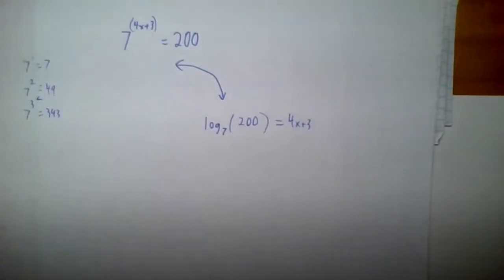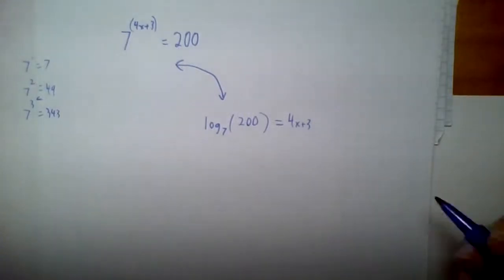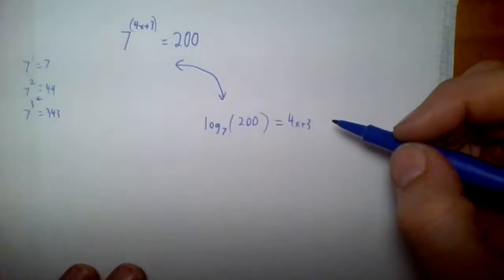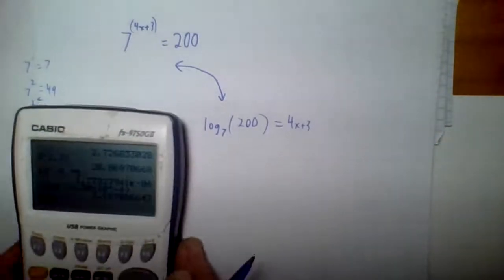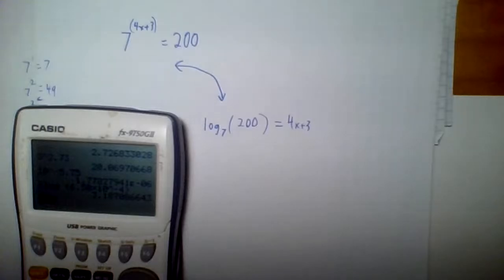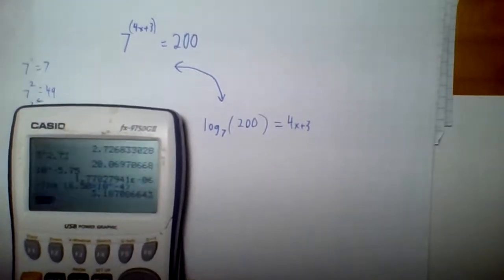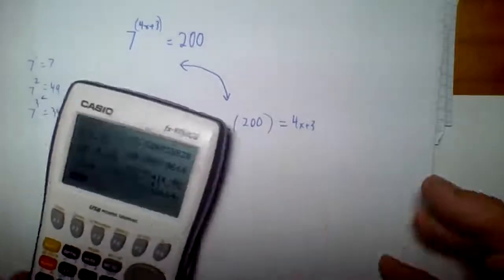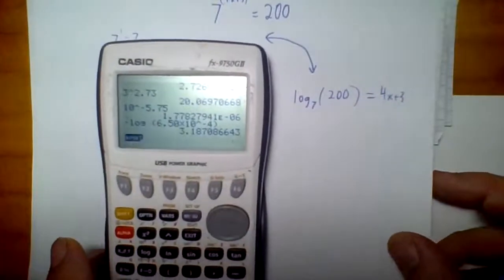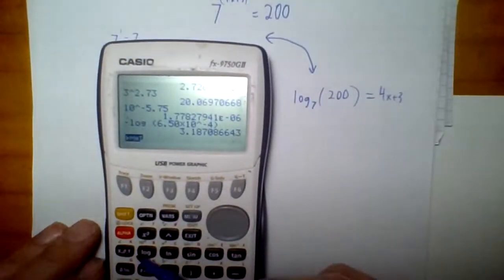Now the log base 7 of 200 looks weird. I want to just go ahead and calculate what that is and write it down as a decimal because I'm looking for that form anyway. And if I go to the calculator, there's no log base 7 on here. That's where I need that change of base formula that we did, because I don't know the log base 7 of anything. I've got to do that using change of base formula to use the regular log button.